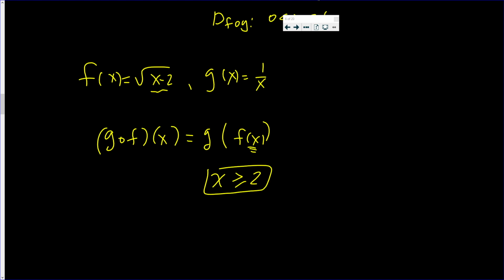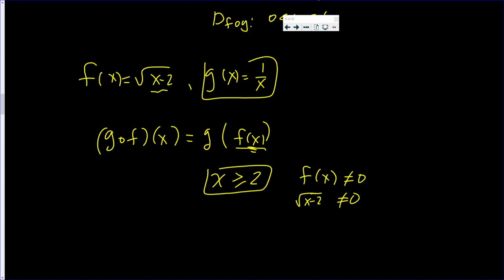Now, I'm taking g of something. I can't take g of 0. So what I'm taking g of, namely f of x, can't be 0. But like I said, we don't want to know what f of x can't be. We want to know what x can be. f of x is the square root of x minus 2, and it can't be 0.